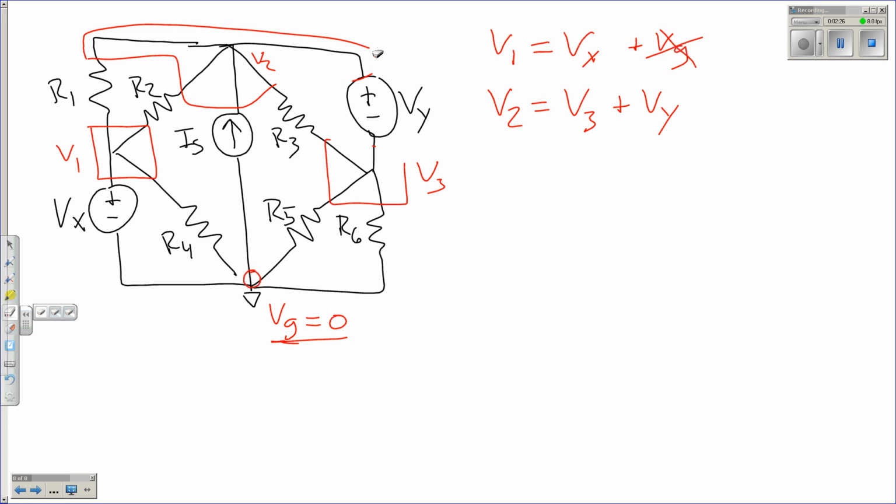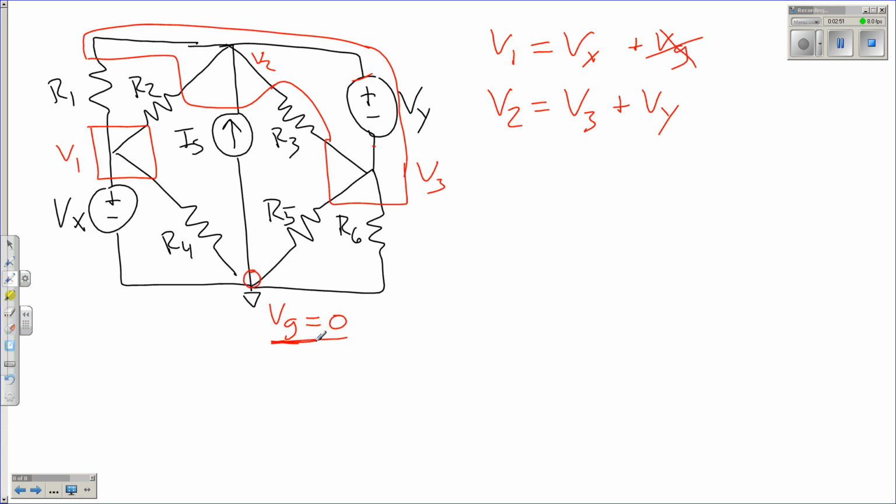I'm just going to draw a bigger circle. One thing to note here, resistor R3 does not get included in that. And we'll see why later and how that affects our supernode. So we've got 2 equations, technically 3 if we count Vg equals 0. So let's do our supernode to get our 4th equation and finally solve this.